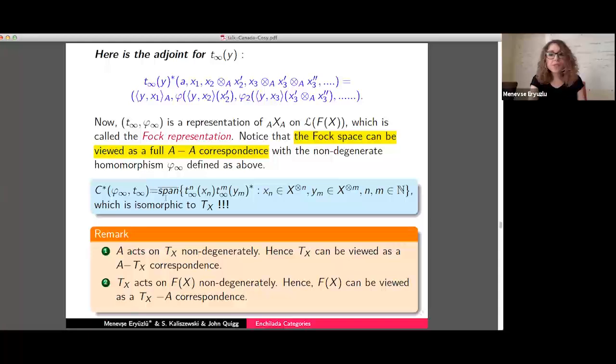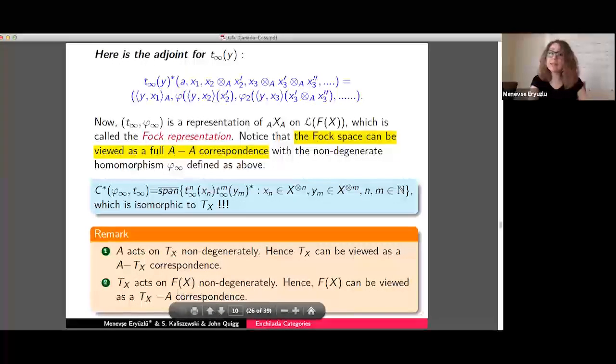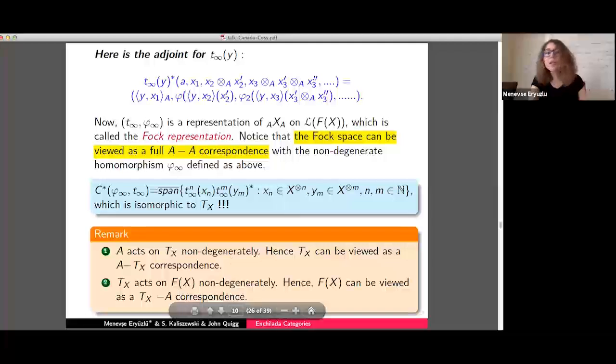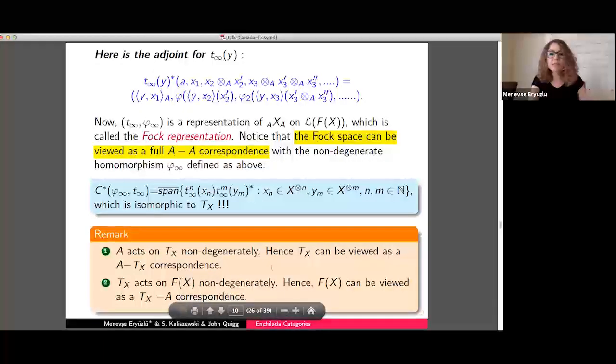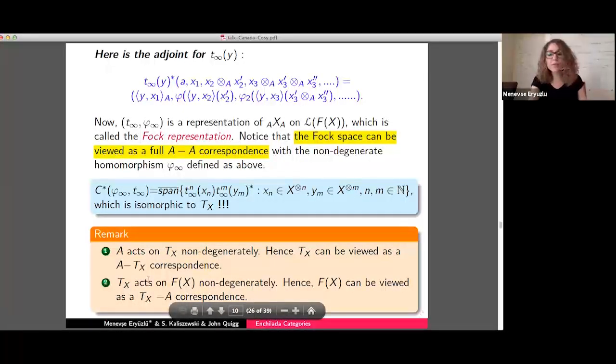When we are building our functor, we first needed to show that Fock space can be viewed as a TX-A correspondence as well, and the Toeplitz algebra TX can be viewed as an A-TX correspondence.